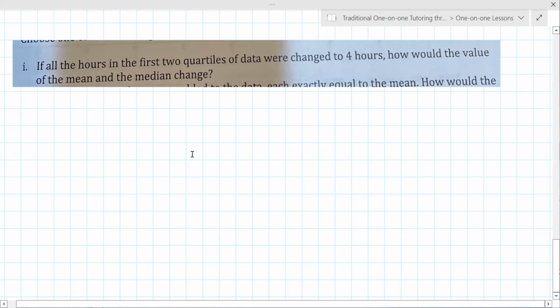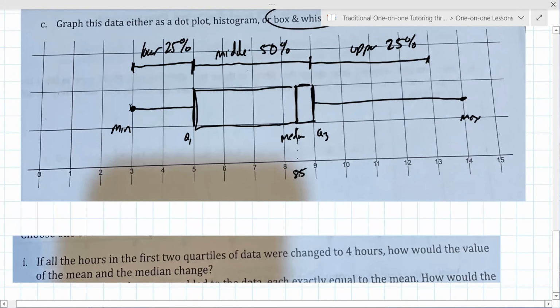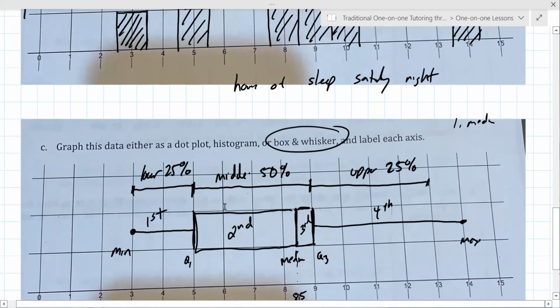So the first 2 quartiles in your histogram is everything from the min up to the median. This is the first quartile, the second, the third, and the fourth quartile. So what they're saying in this problem is everything that's less than the median.